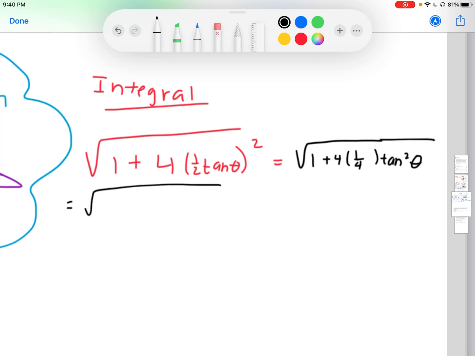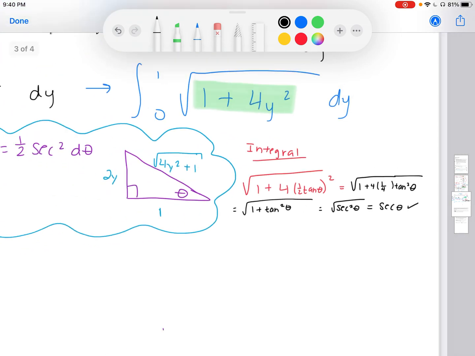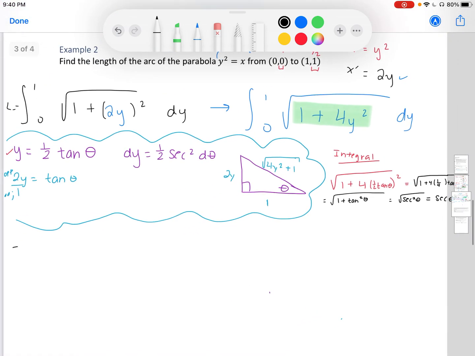So we now have 1 plus tangent squared theta, which is the same as secant squared theta. So we now just have secant theta. Let's replace that into our integral. We have our integral from 1 to 0, and the radical is now replaced by a secant theta. In our dy, we said dy is 1/2 secant squared d theta.